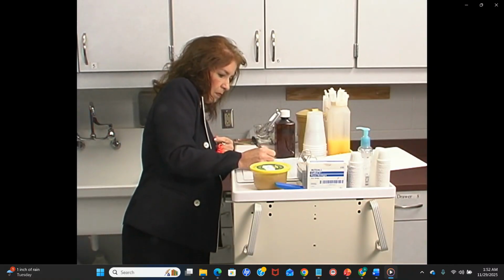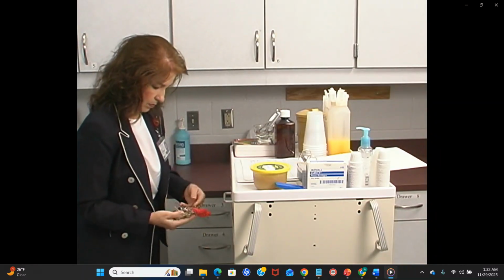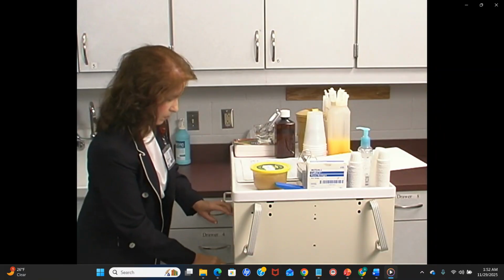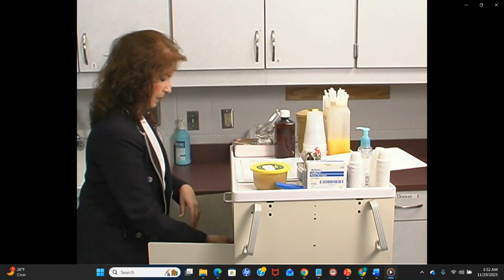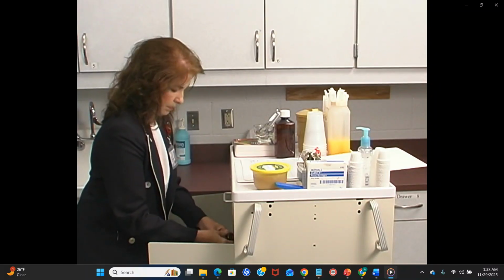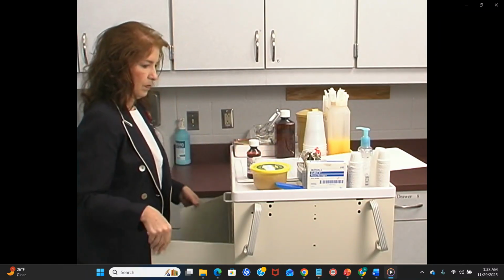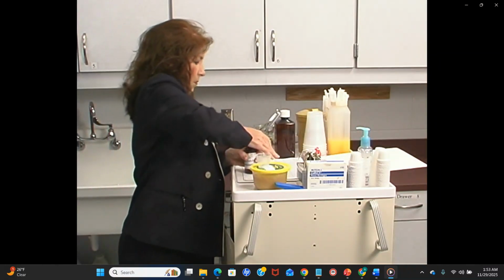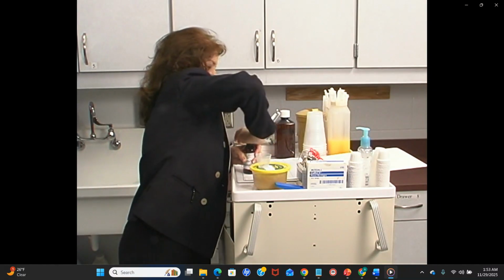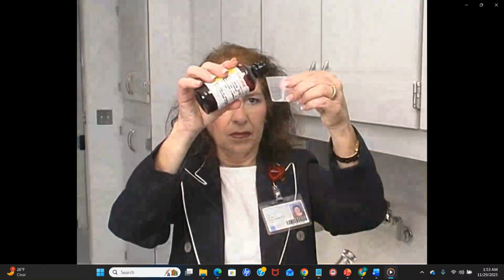Always provide the right documentation in the correct space on the MAR after each client has received their medication to avoid errors. When pouring liquid medications, pour them at eye level to get a more accurate measurement.